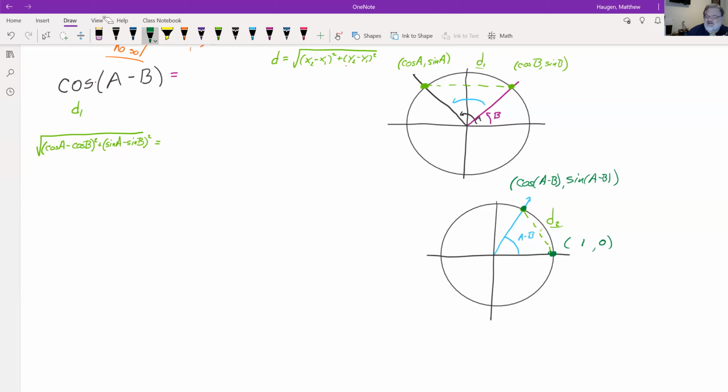So that's actually really nice. So that's going to equal the square root of the change in our x's again. So cosine of A minus B minus 1 squared plus the sine of A minus B, the difference in our y's, the sine of A minus B minus 0 squared.